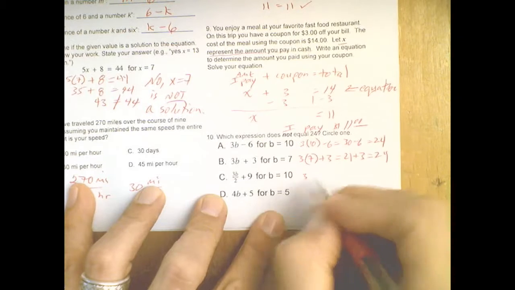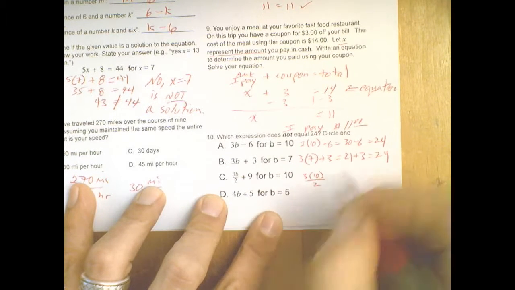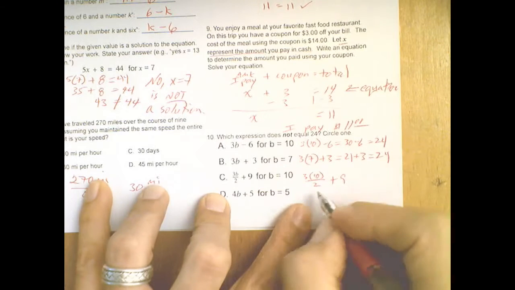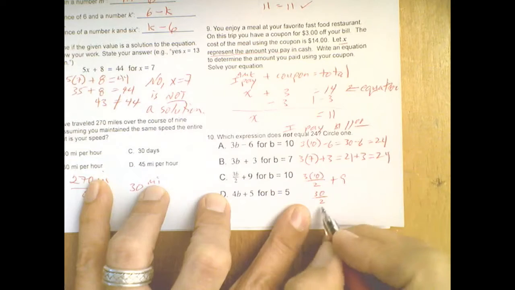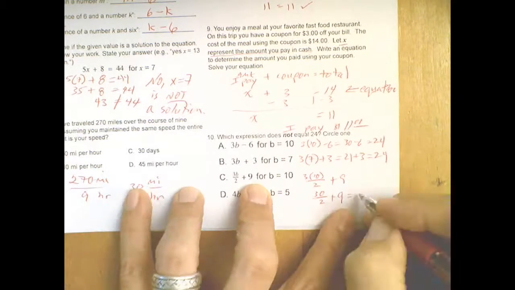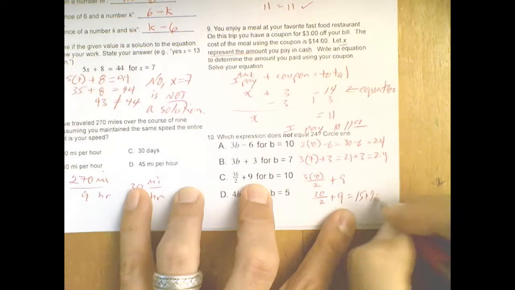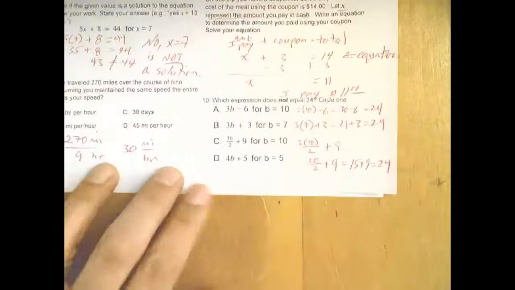Here I have 3, plug in for b, times 10, divided by 2 plus 9. That leaves 3 times 10 is 30, divided by 2 plus 9. Well, 30 divided by 2 is half of 30, which is 15, plus 9. That equals 24. Oh, that's okay.